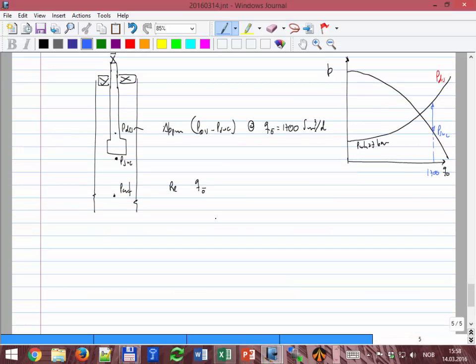You had to use the volume fraction, okay? So density of the mixture is equal to the density of the oil times 1 minus alpha of the water plus density of the water times alpha of the water, right? Okay. So I have already programmed that expression for you.